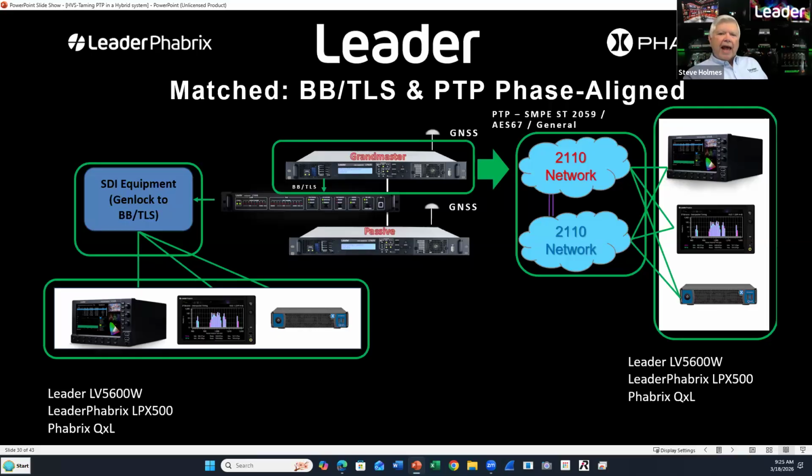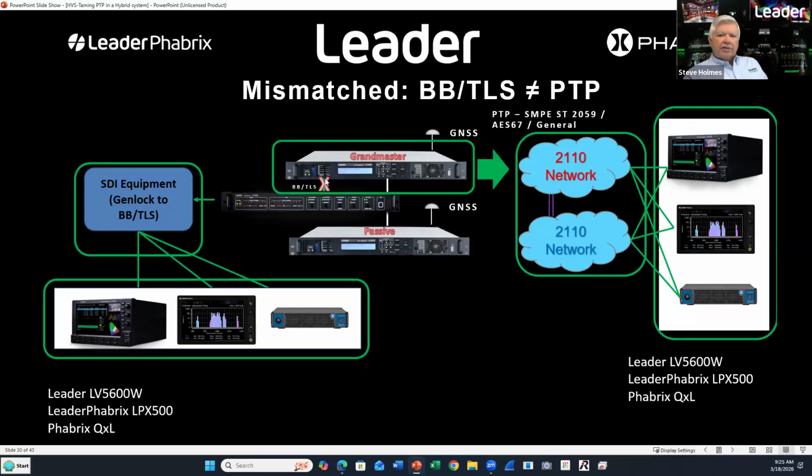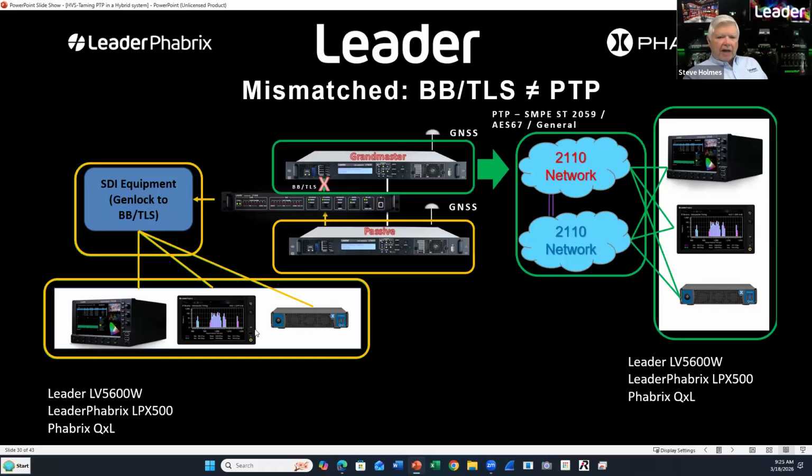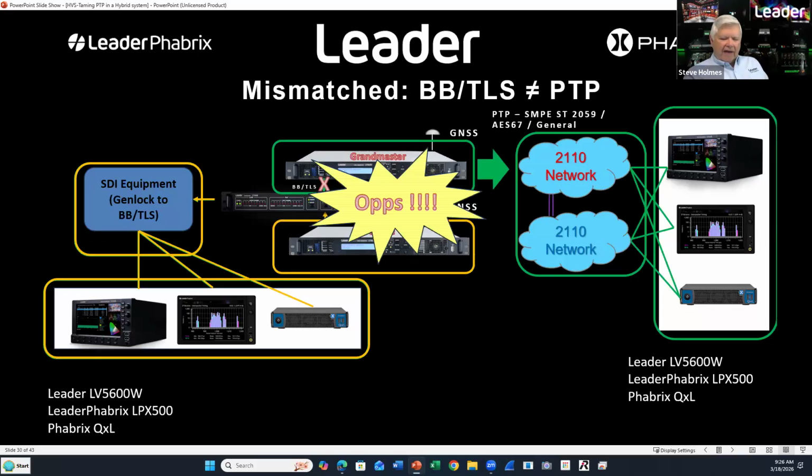And the same thing would happen if you lost blackburst. I now lose blackburst. Yes, I will switch my baseband signals over, but I'm still feeding PTP off the top grandmaster. This is not something you want to have happen in your network.